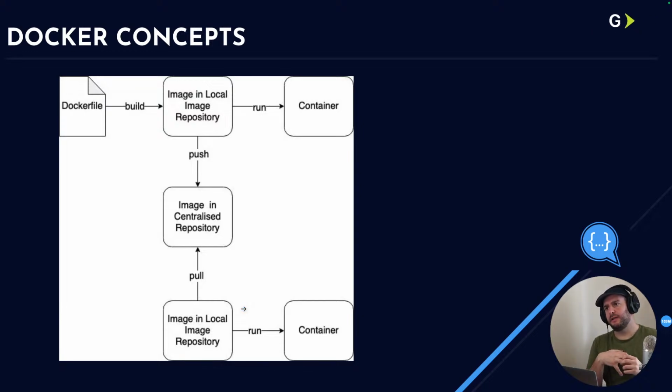Like for example, with this you can run databases in your laptop. You can run, for example, message brokers like Kafka, RabbitMQ. Everything has Docker images that are public, and you can just pull them and run them so that you don't have to actually install that.